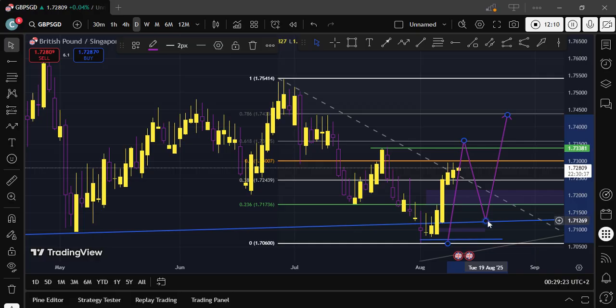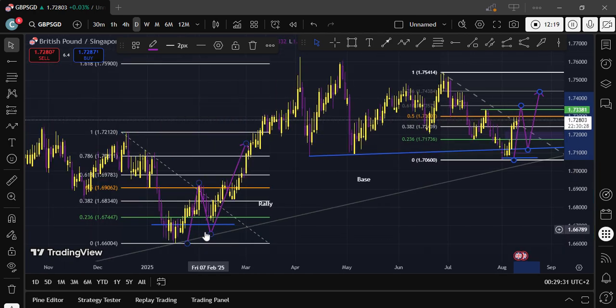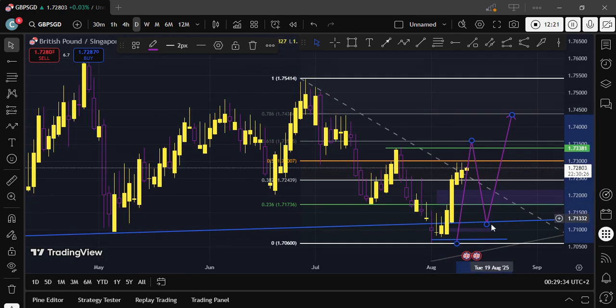But if it comes back to this trend line, I don't trust that it will do what I'm looking for. So what I will do is set up the buy stop here and let the market do its thing. If it stops out my position here, I still have a larger lot size here waiting to be tapped in.